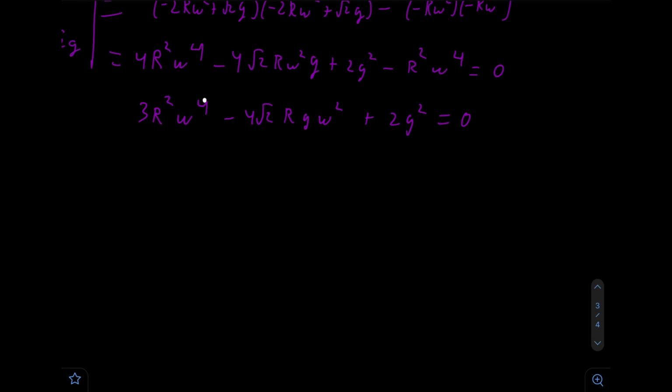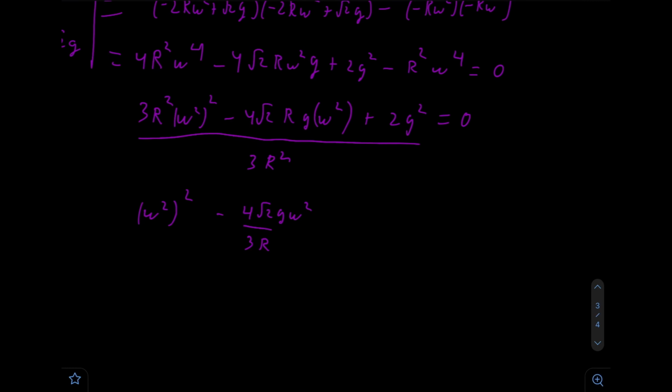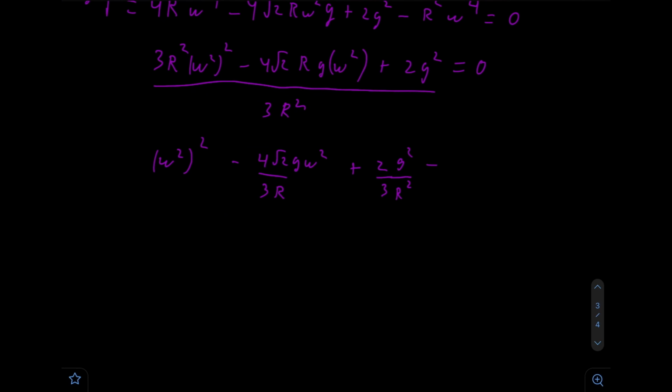If we just rewrite this as omega squared squared, and this is just omega squared, we can use the quadratic formula on omega squared. And before we use the quadratic formula, I'm going to divide everything by 3r squared, just because I feel like it. We'll have omega to the 4th minus 4 root 2 over 3r g omega squared plus 2/3 g squared over r squared equals 0. Okay.